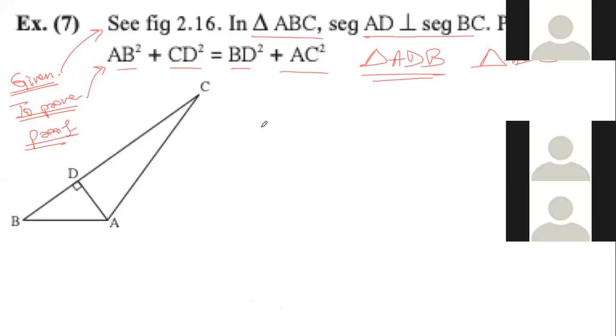Now, if we apply Pythagoras theorem, nothing more. If we just apply Pythagoras theorem to triangle ADB, this is the hypotenuse. So we can write AB square equals AD square plus BD square. You tell me what we will write if we apply the Pythagoras theorem to the other triangle? Tell me, and I will listen to your answer and write.